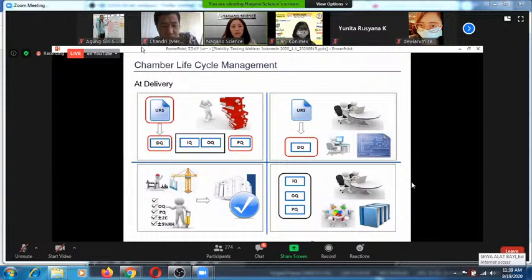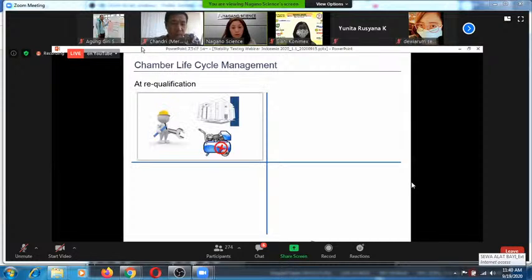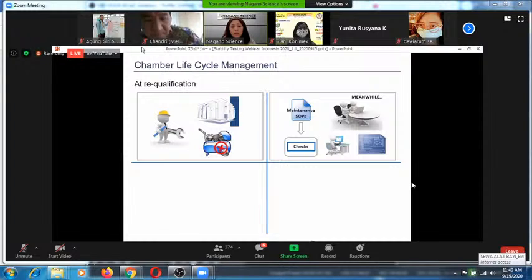And then finish the installation and qualification and start the stability testing. And also at requalification, you also have to consider similar things, and also how to create the maintenance SOPs and checklists and so on.